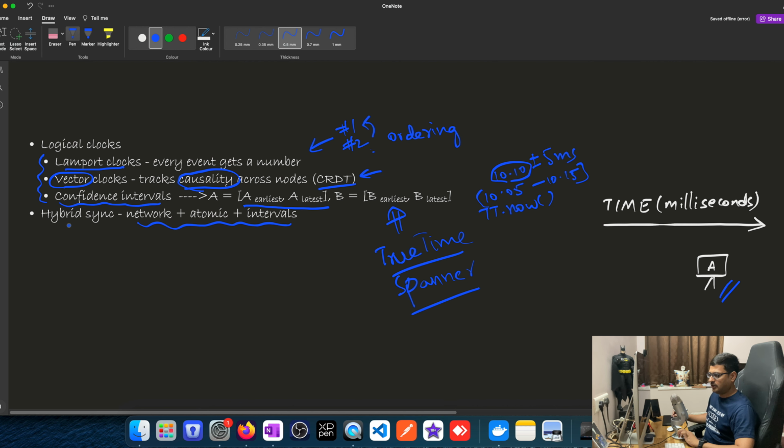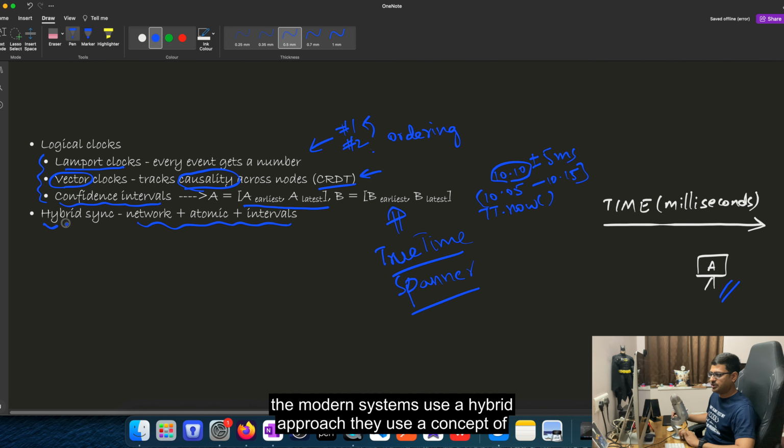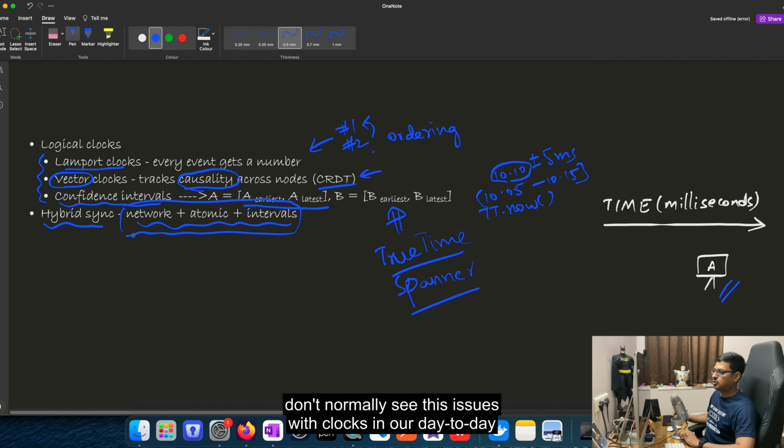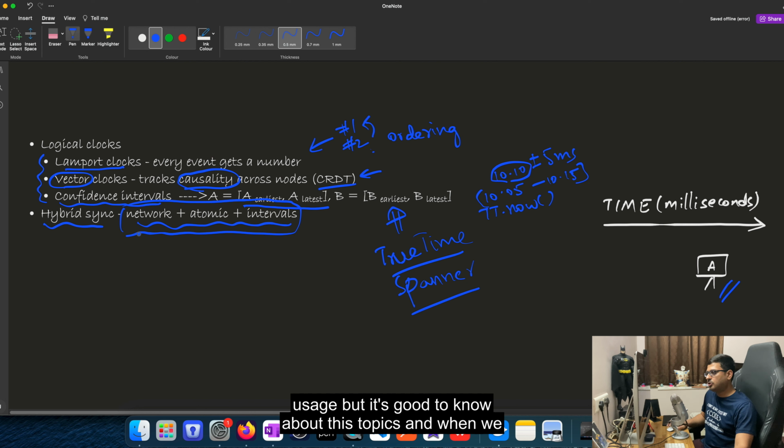Having said all that, modern systems use a hybrid approach. They use a combination of network clocks, atomic clocks, and confidence intervals to make sure we have the best accuracy in time. We don't normally see these issues with clocks in our day-to-day usage, but it's good to know about these topics when we are discussing system design with time-sensitive applications.